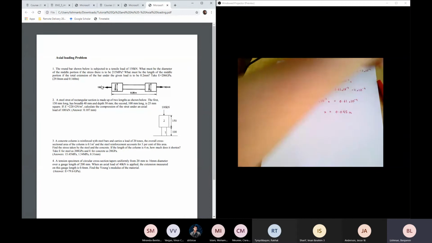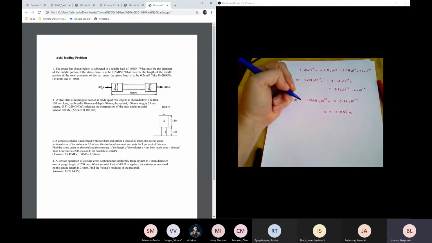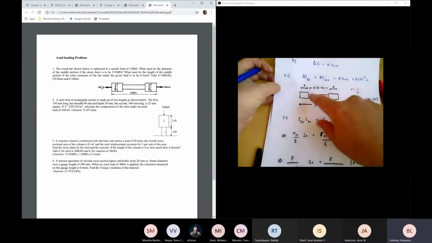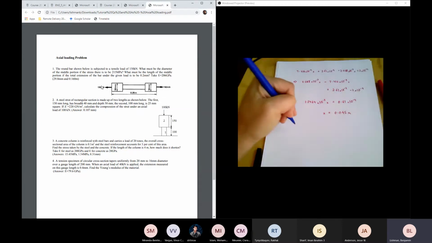And so we can finish up the question now by remembering what we were asked. If we just go back to this diagram, we now know x, but we want to find the length of the middle section.